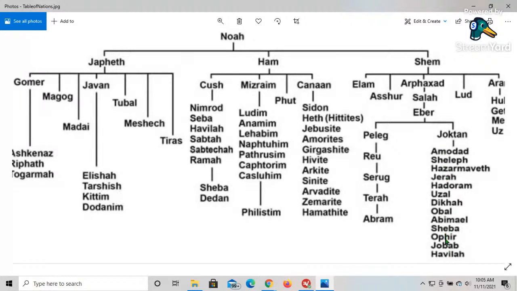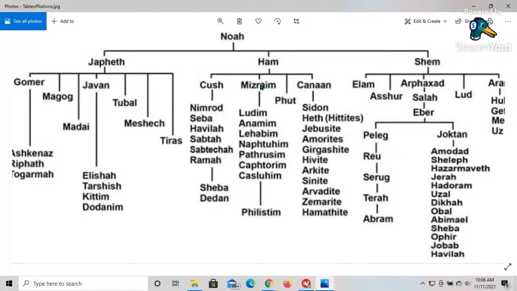But this is a Semitic line, and this is supposed to be the Hamitic line, but it's also Semitic because Cush was the only Y chromosome in the area, and there's no L's in the area from the wife of Ham.